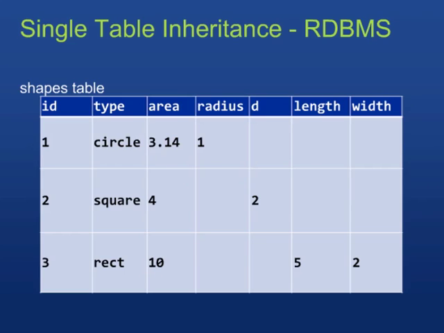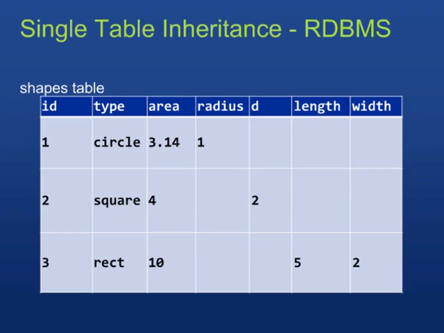So I have a table in my RDBMS called shapes, and I have what we call a sparse table. So I have all of the attributes for the base class and all of the subclasses modeled inside my single table inheritance model in the RDBMS. And for each row, depending on what actual subclass we have, only a subset of those fields are filled in.